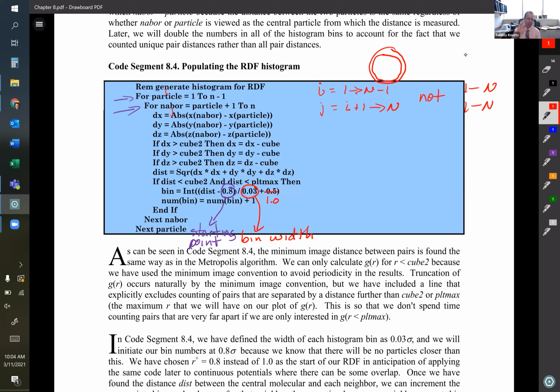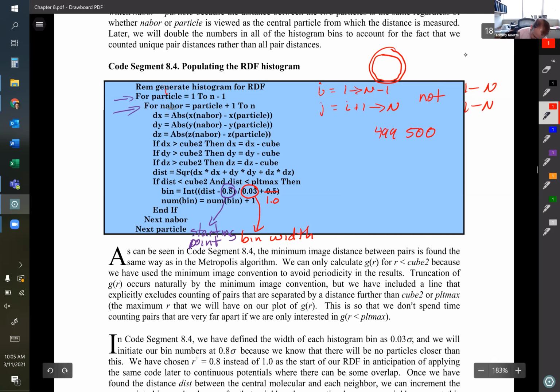And I'm going from 1 to n-1 because that last pair is between, say, particle 499 and 500. I don't need to go 500 and 500 or 500 and 501 if my n is 500. So just make sure you see that this is common in the double loops that we go around.